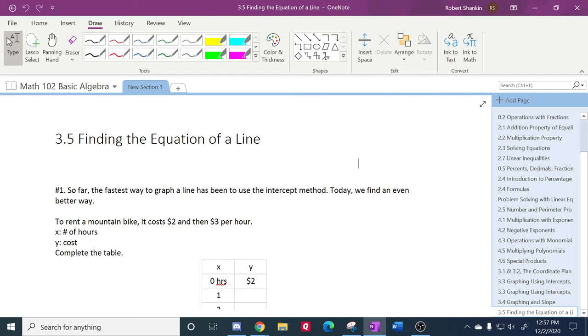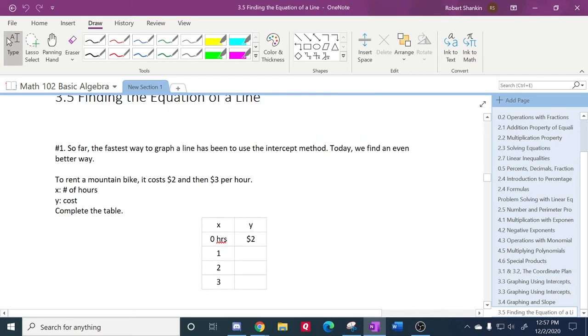Finding the equation of a line. So far, the fastest way to graph a line has been to use the intercept method. Today, we'll find an even better way. It's a way that we almost always use. To rent a mountain bike, it costs $2 and then $3 per hour.